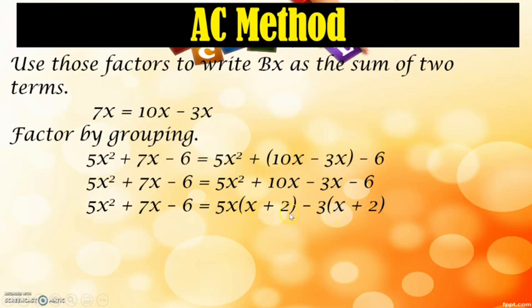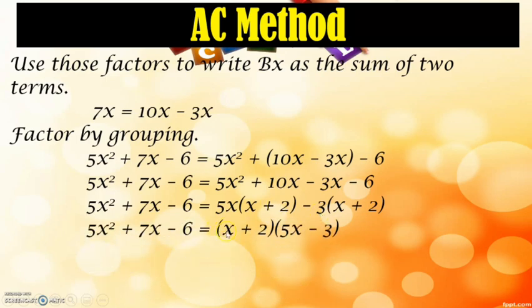So I have now the first term and the second term. Notice that the first term and the second term have a common binomial factor. What is the common binomial factor? It's x plus 2. So extract x plus 2 from the first term and the second term. What is left on the first term is 5x. What is left on the second term is negative 3.